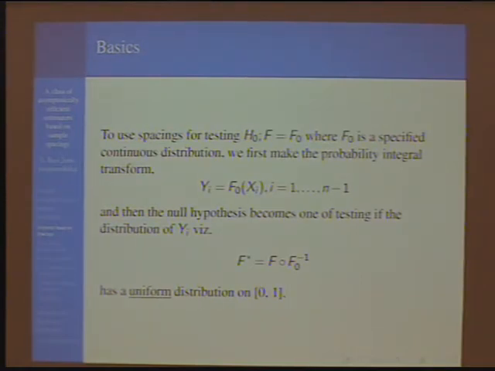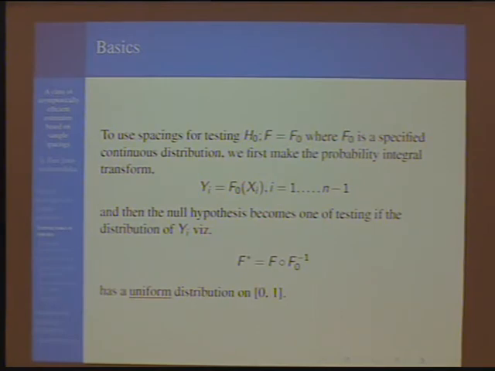So you want to test a null hypothesis, the usual goodness of fit, that F is a given distribution, F naught, fully specified at this point. One can generalize these ideas to unknown, complex, composite hypotheses and to multivariate cases and so on, but let's stay simple.